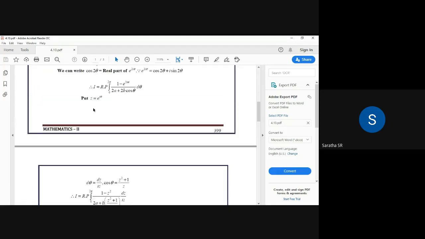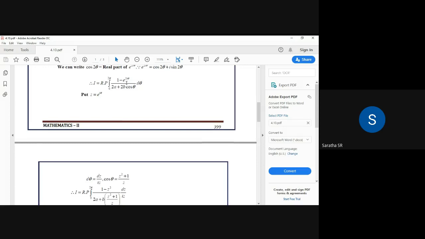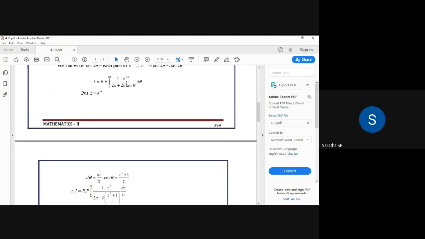Finally, we have the question 1 minus e power 2i theta. Already we assumed e power i theta as z. So now we replace e power i theta as z, which means we have here 2i theta, that means z square. So the numerator becomes 1 minus z square, divided by 2a plus 2b into z square plus 1 divided by 2z, we got it.